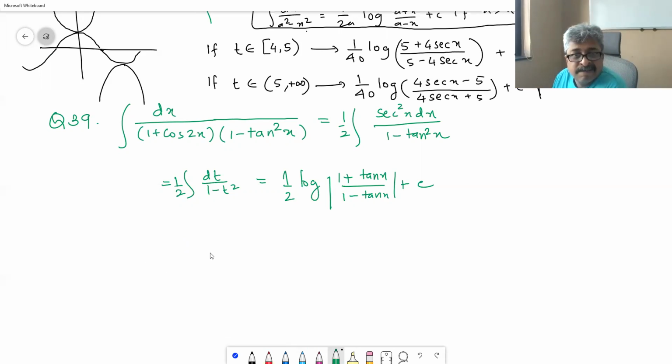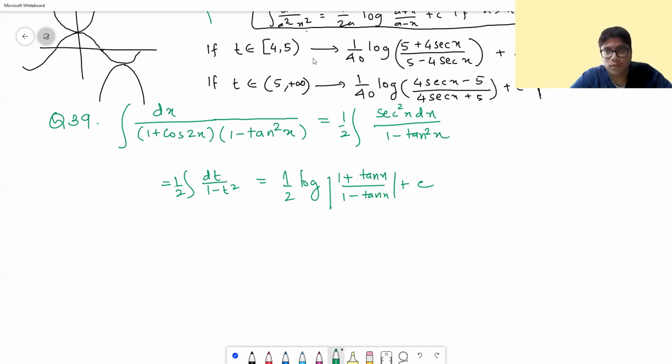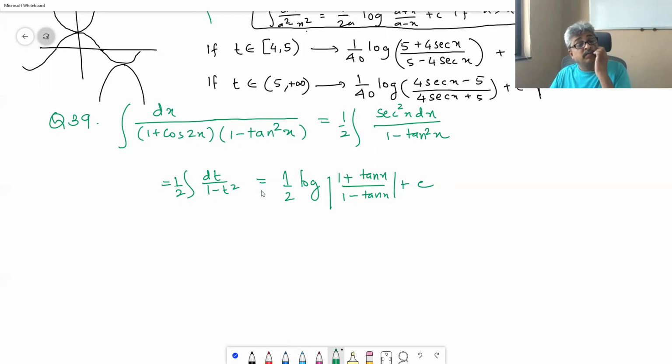We directly get it in sec 2x form. Okay. Cos square x minus sin square x, that is cos 2x.